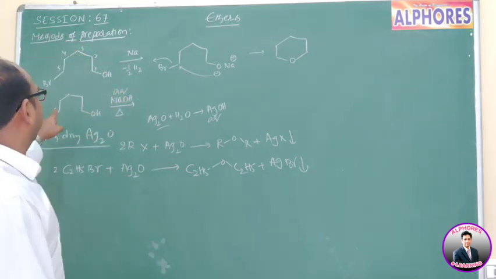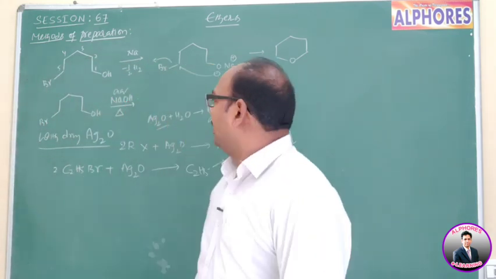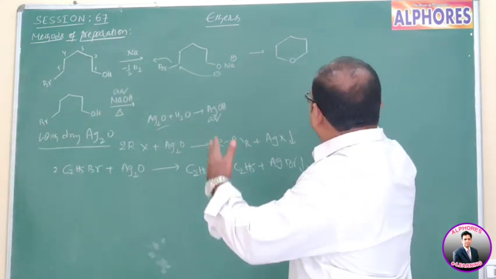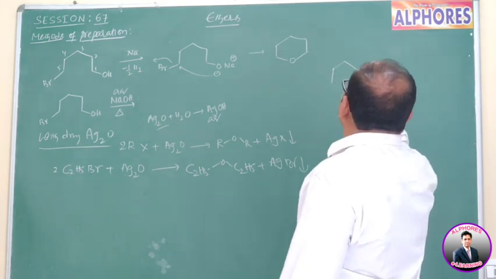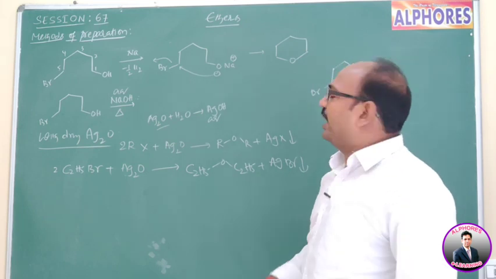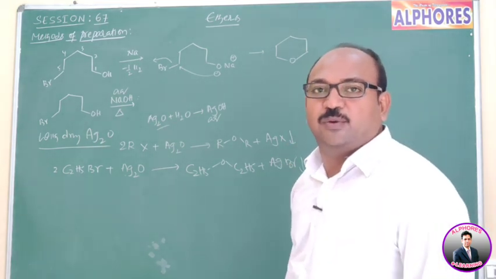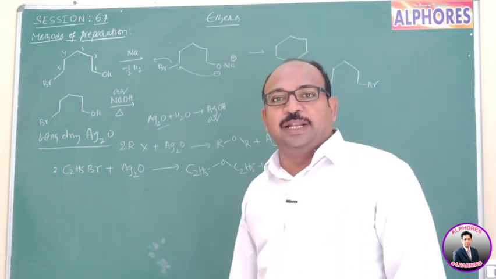Now the same kind of reactant I consider here: Br and Br, 1, 2, 3, 4, 5, that is 1,5-dibromopentane.